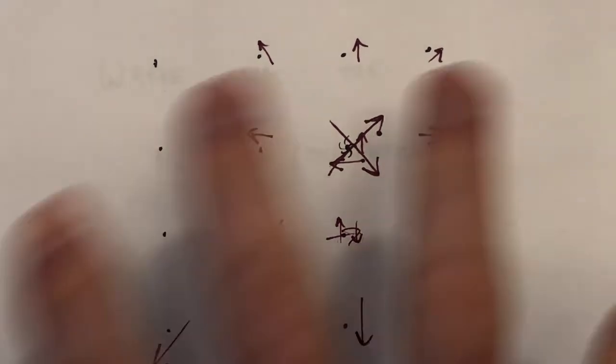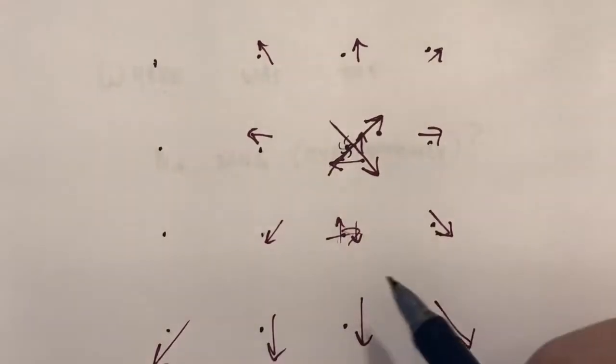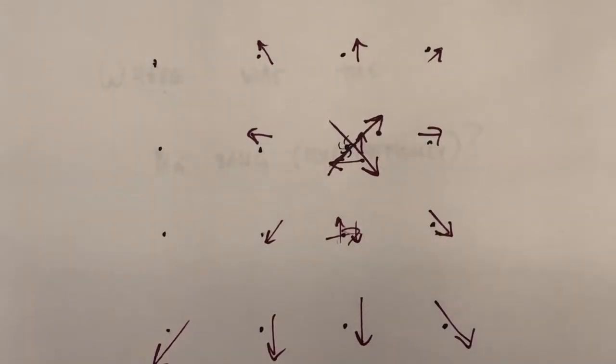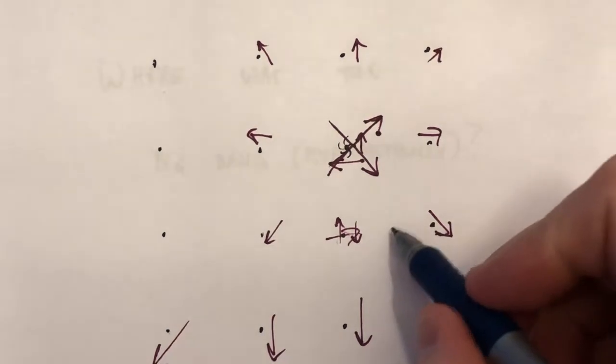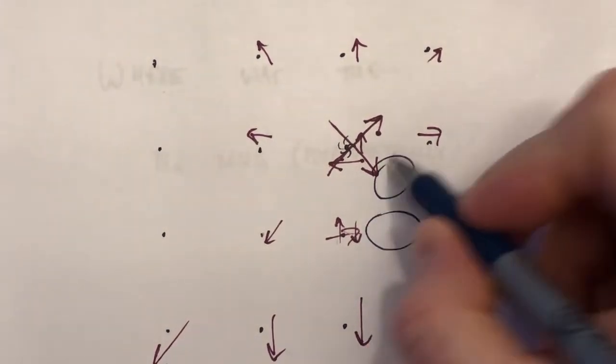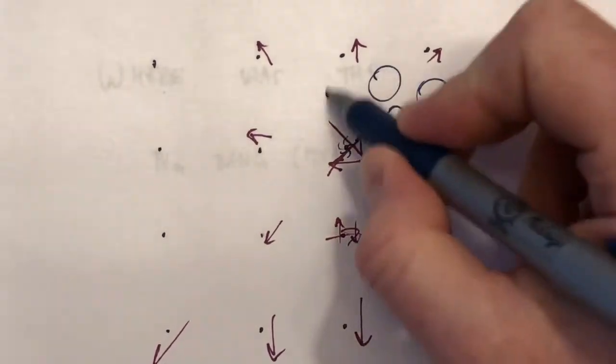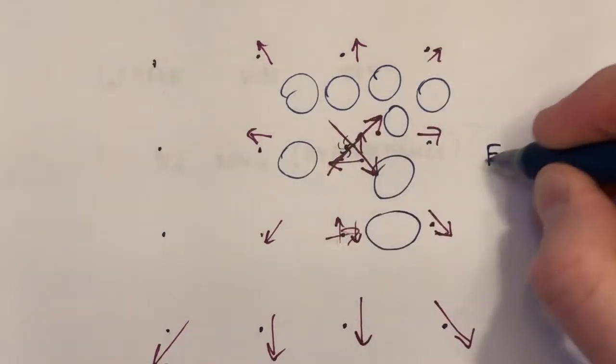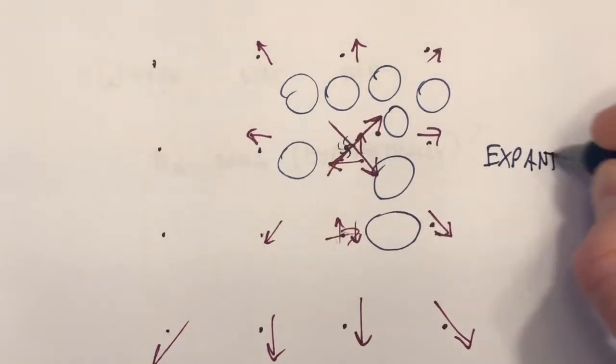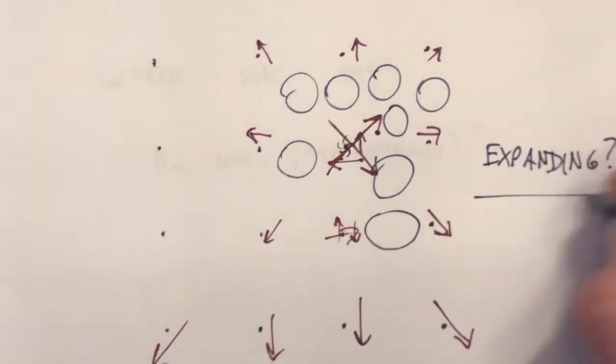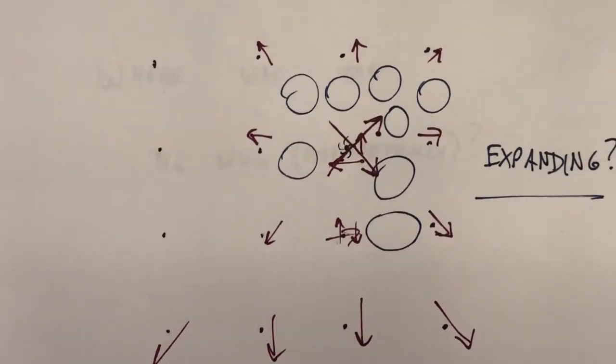The only way this works, the only explanation we can come up with to make this scenario work based on what we see, is if this stuff right here and this stuff here and this stuff here is expanding. Now, what is that stuff that I just circled? That's space. Now, we used to think space was just empty space.